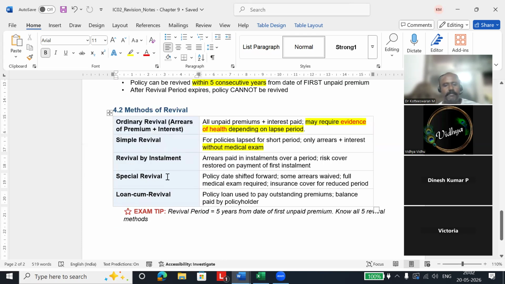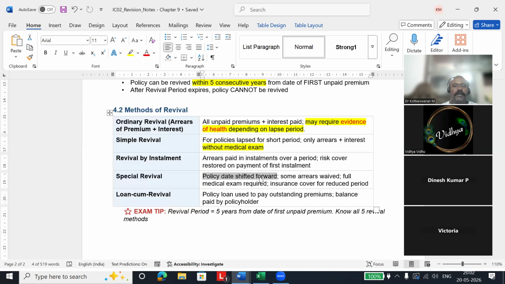Special revival. Special revival is they will change the policy start date itself. Neither you nor I want it, but we can revive the policy. But instead of starting the policy from the beginning, I'll put the policy start date as today. For example, there is a 20 years policy. I started the policy in 2021.